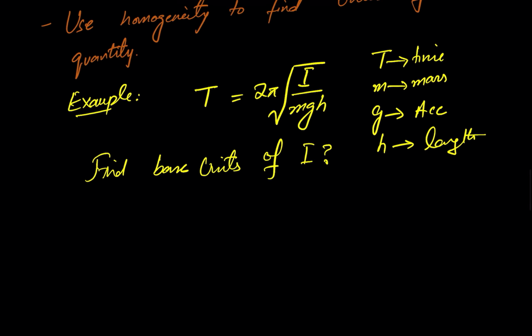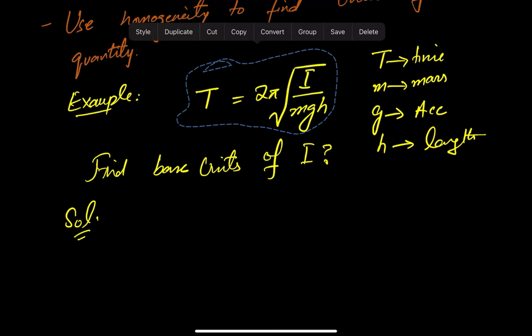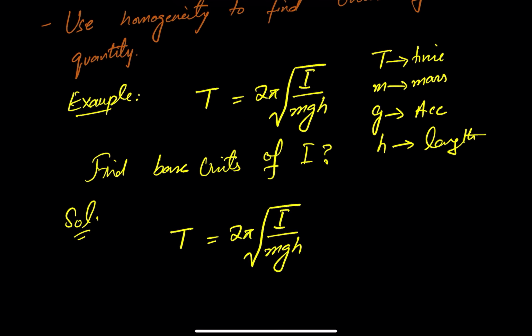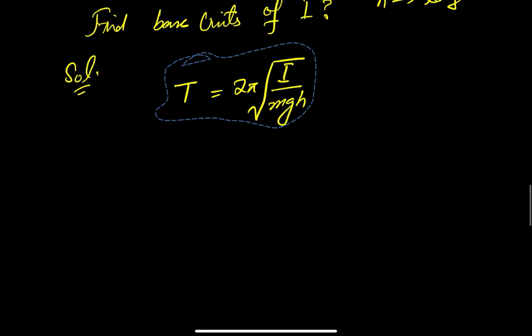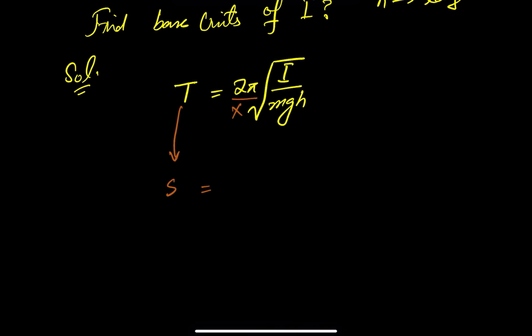So how can we solve this? We have this basic equation. Let's write it down again. I'm going to copy paste it here, make a duplicate. Okay, so let's apply the unit analysis. For time, we know it's second. This 2 pi will not have any units, and there's a power of 1 over 2. Let's write the I as it is, because that is the thing that we have to find.